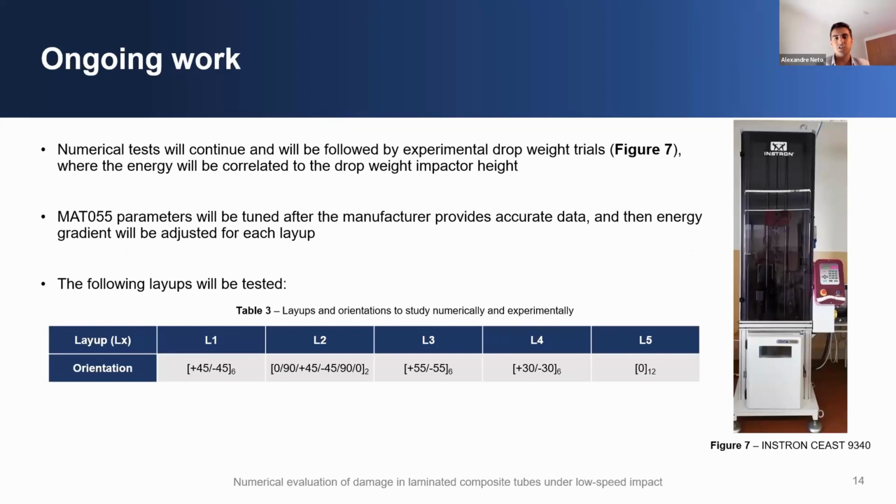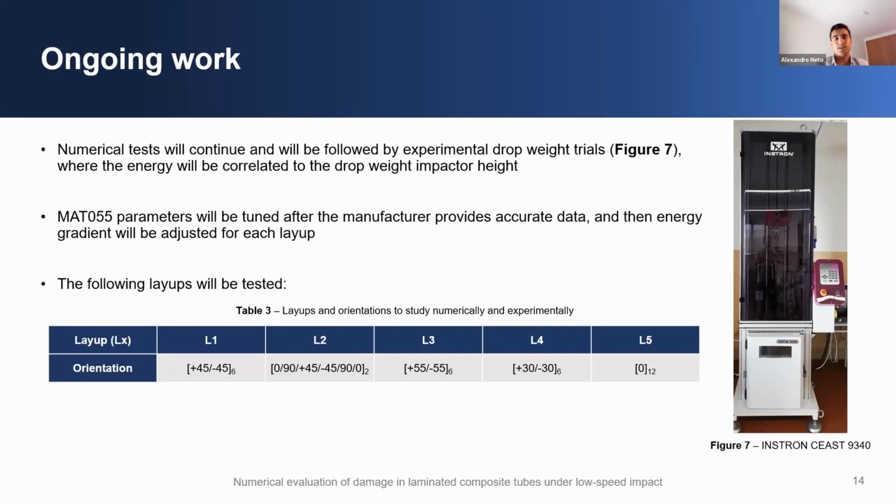And then to finish, I just want to give you a heads up about the ongoing work related to this study, where numerical tests will continue for more layups, and then experimental drop weight tests will be conducted in a machine like Figure 7, where the drop height is directly related to the potential and kinetic impact energies.